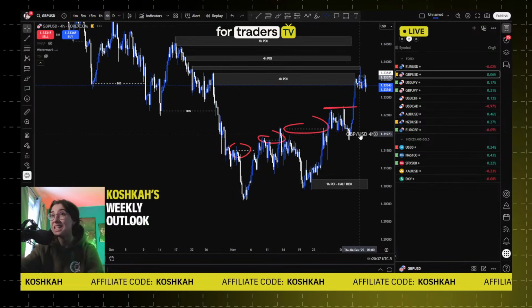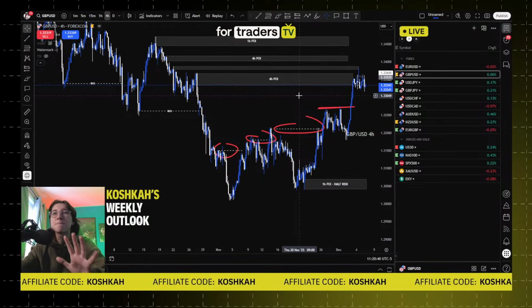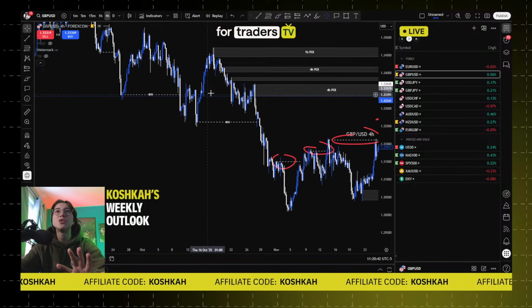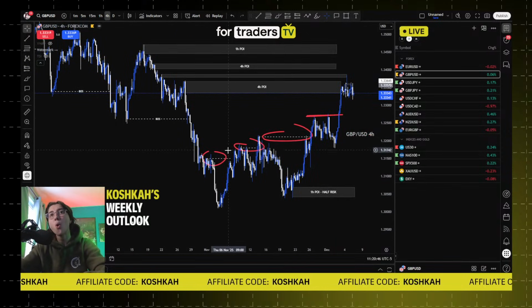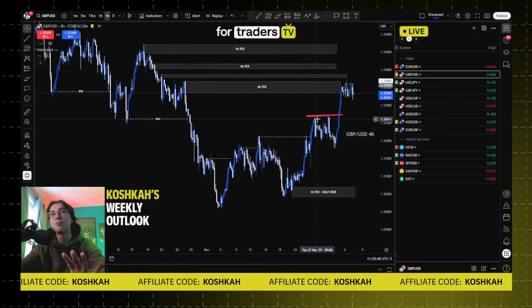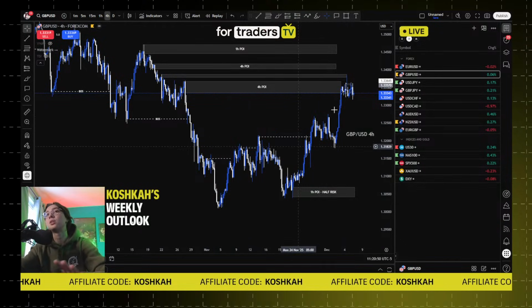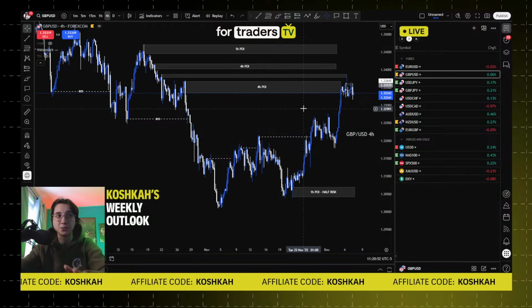On GBP USD, yes. So we don't really know if we continue to take this huge range right here with all of the sales POIs, or instead right now we're just having a push up to the upside, a reversal, and then we're going to continue to be bullish right here.